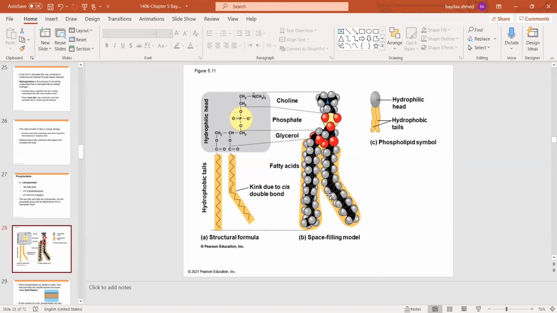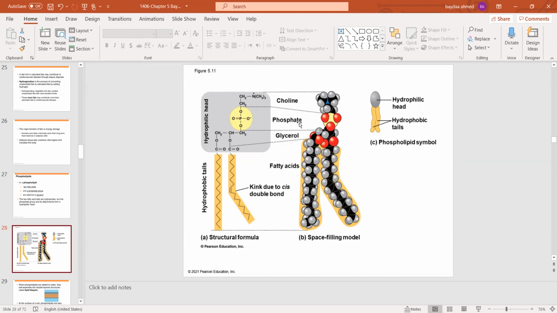The phosphate group at its attachment forms the hydrophilic head. Because the phosphate group is charged with a negative charge, with choline they form the hydrophilic head that has an affinity for water.